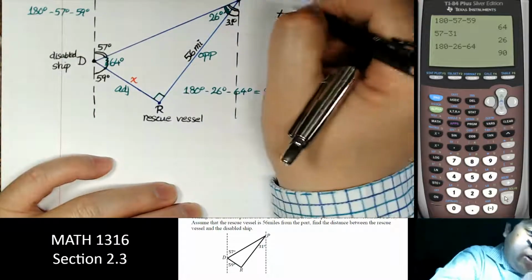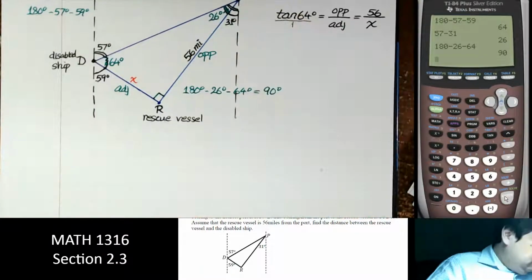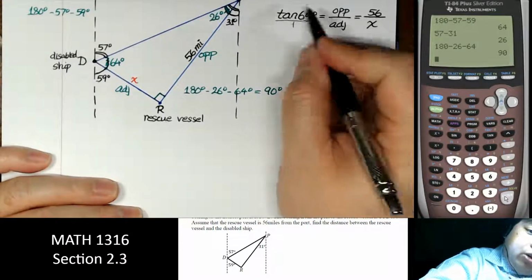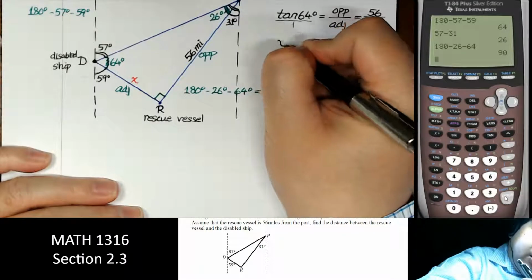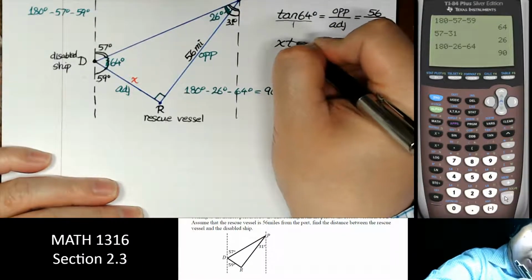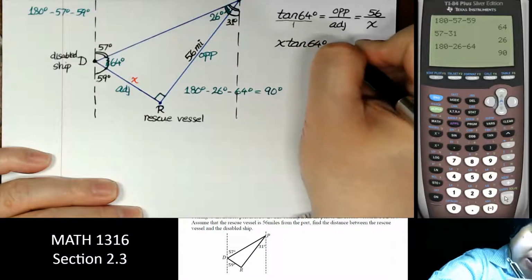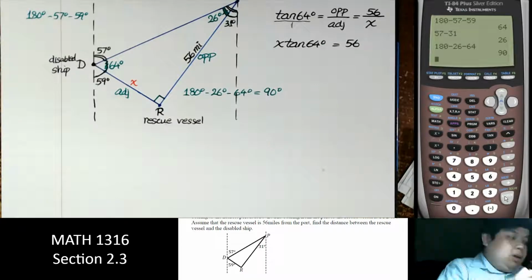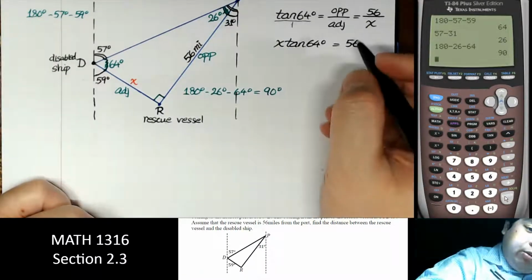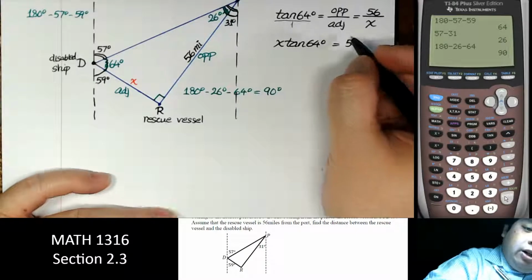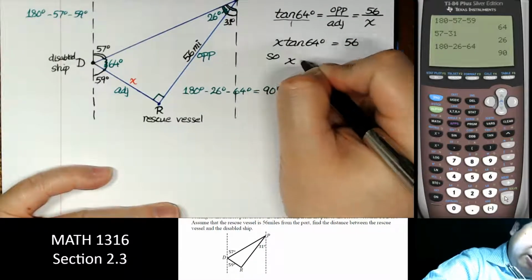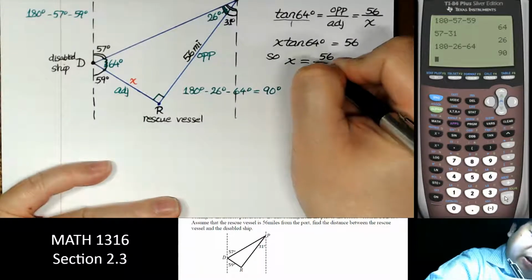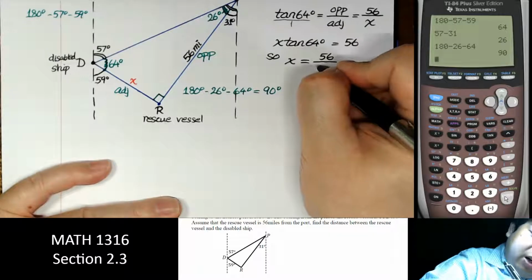So we'll make a ratio, and then we'll cross multiply: x times tangent of 64 degrees equals 56, and then we solve for x. So it will be 56 divided by tangent of 64 degrees.